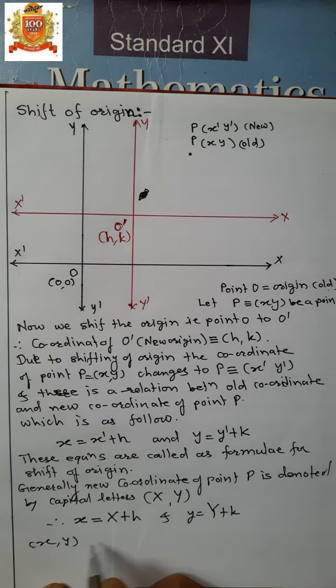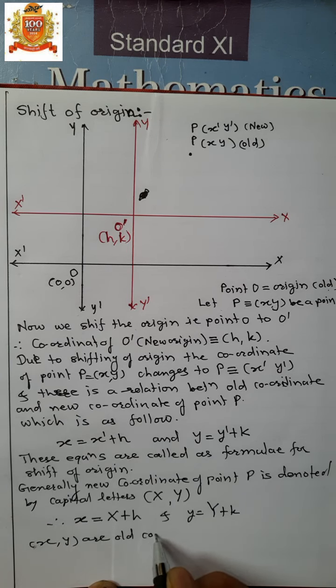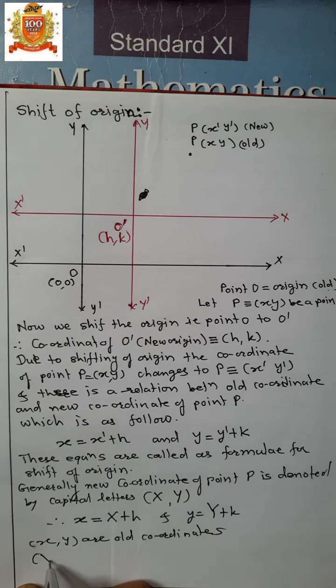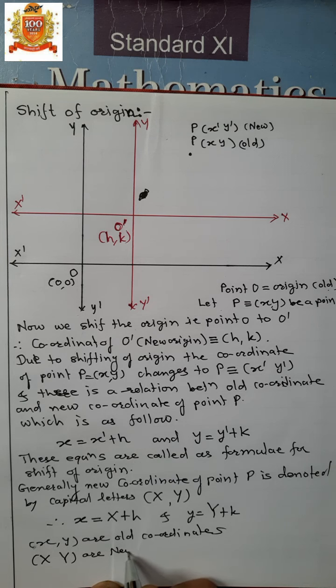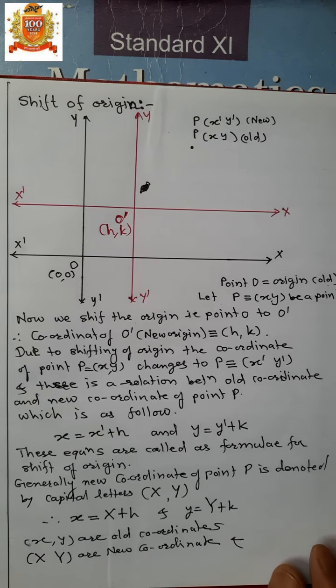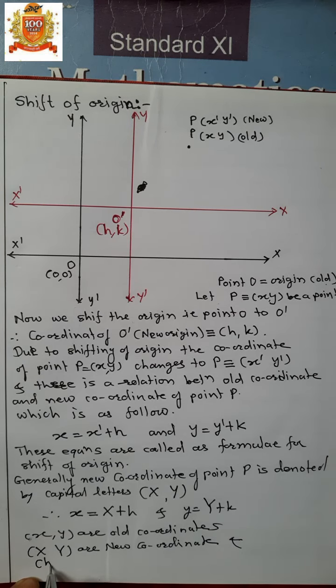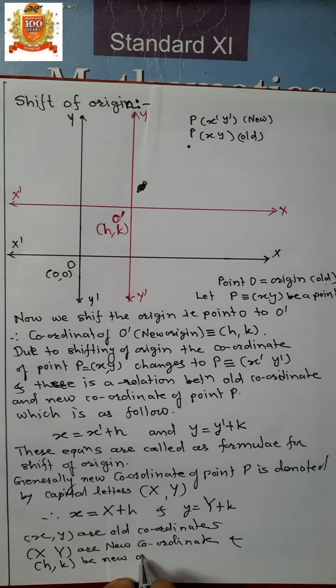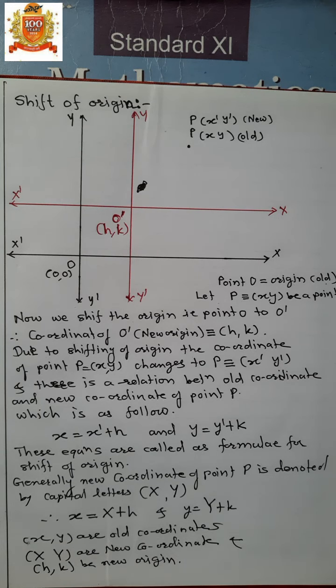x, y are old coordinates. Capital X, Y are new coordinates, and (h, k) is the new origin.